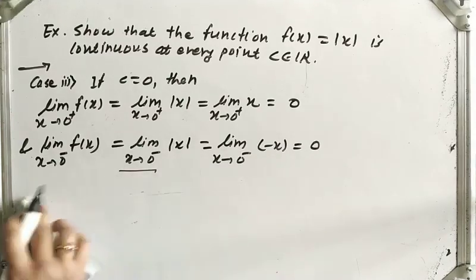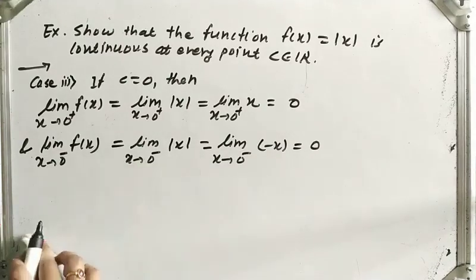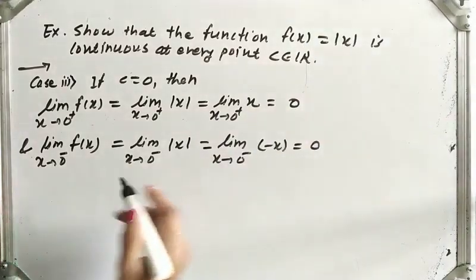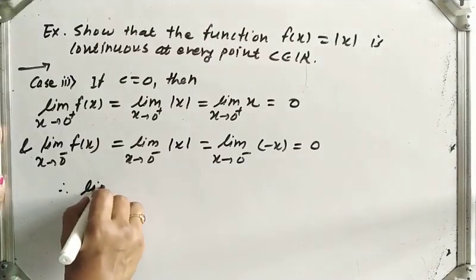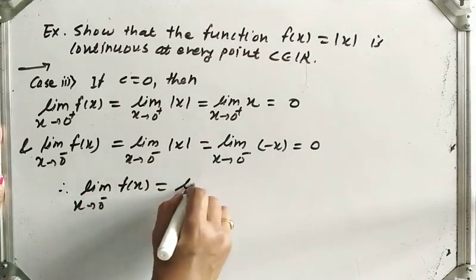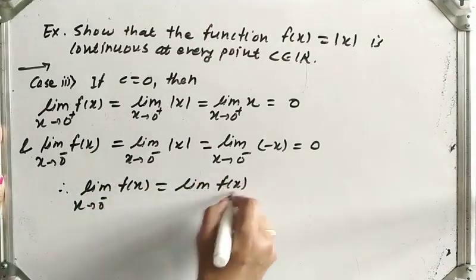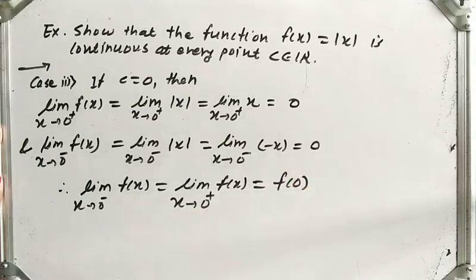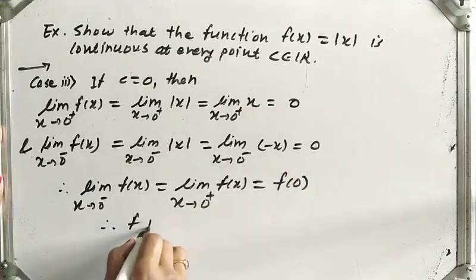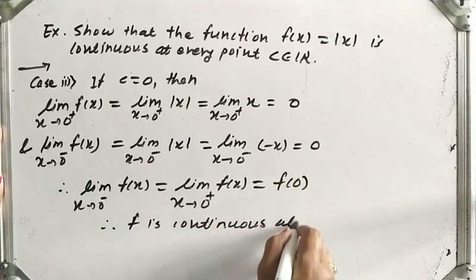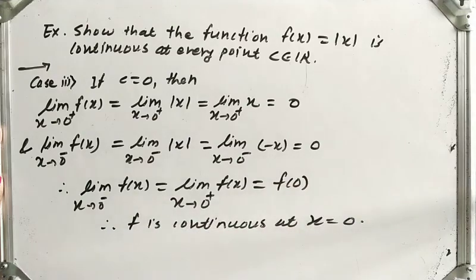Okay, and what is f of 0? F of 0 will be mod 0, that is 0. Therefore what we get? Therefore limit of f x as x tends to 0 minus is same as limit of f x as x tends to 0 plus is equal to f of 0. Therefore f is continuous at x is equal to 0.